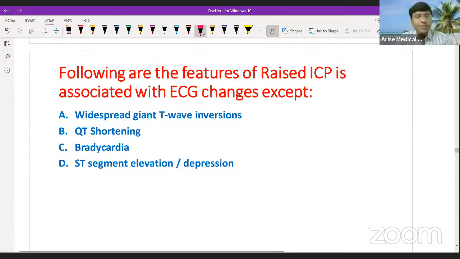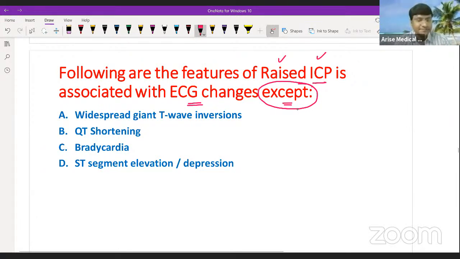Following are the features of raised intracranial pressure. Which among the following ECG features are not seen in raised intracranial pressure? Raised intracranial pressure is associated with the following ECG changes, except, that means which among the following is not a feature of raised intracranial pressure?